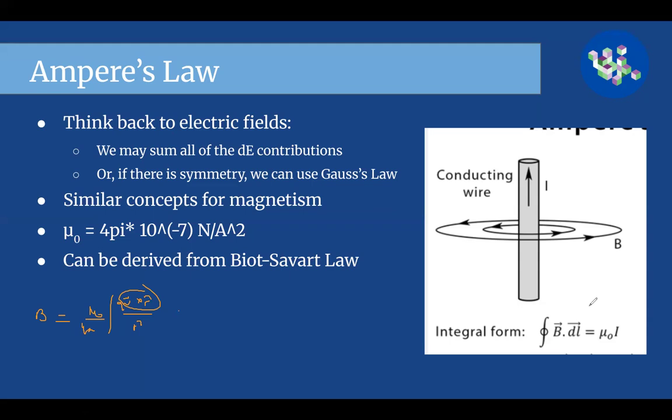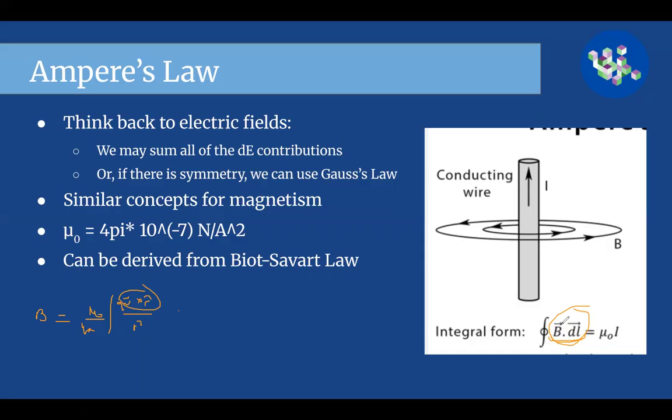First thing is that when you do the B dot dl, it's a dot product between two vectors. Remember, if I have two vectors and do a dot product, I get a scalar. And that's really nice because once I get a scalar, I don't need to worry about the direction of each thing I'm integrating.